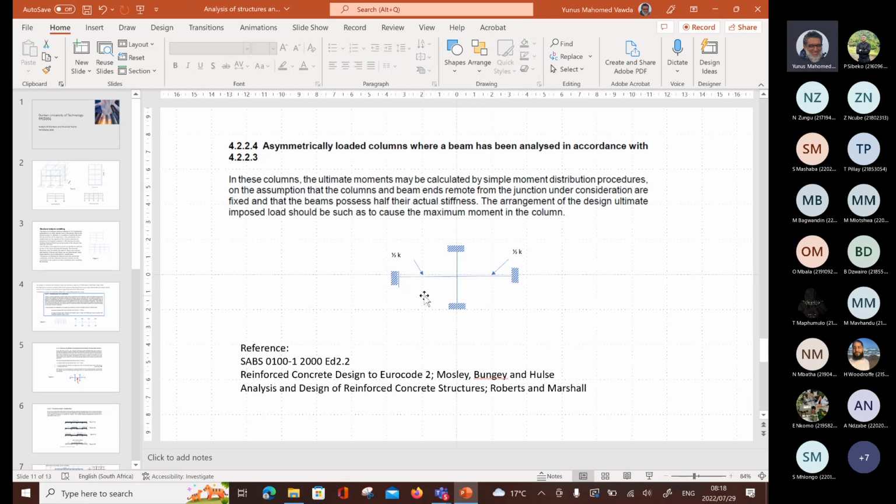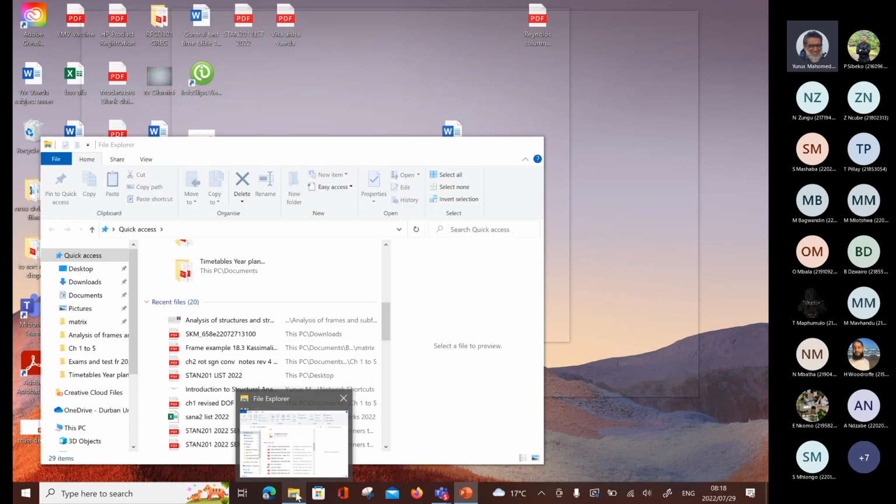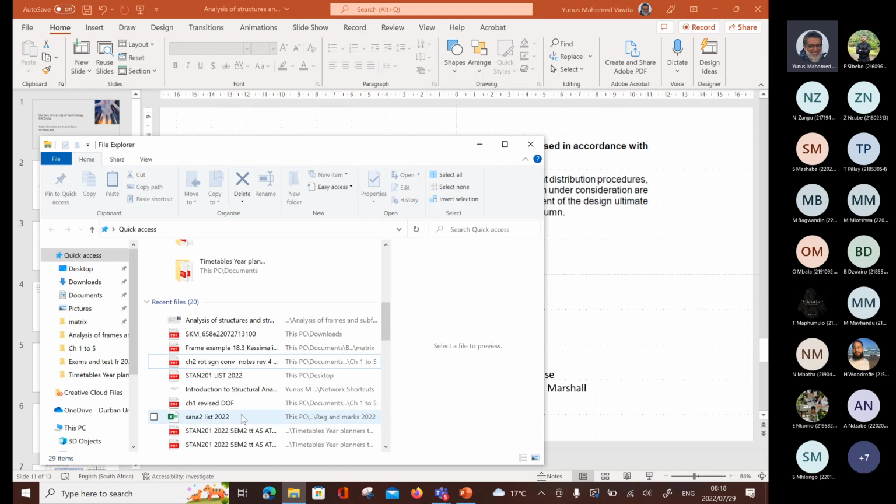But holistically, the 2 are one thing. Analysis and design go together, all right? You can't do the one without the other. So that's just a brief introduction into why analysis and how important it is, especially at this level, because we are dealing now with statically indeterminate structures, all right? We are dealing with statically indeterminate structures.